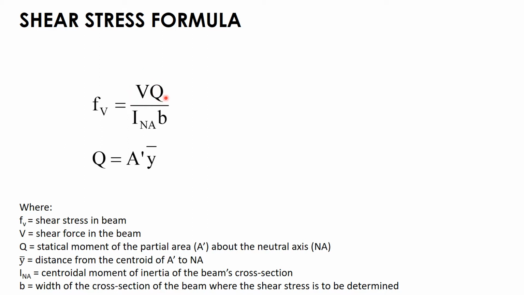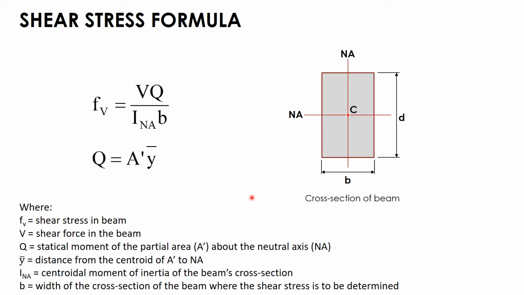Now, Q here, as defined, is the statical moment of the partial area A prime about the neutral axis. So, what do we mean by this? Let us say that this is the cross-section of the beam with its width B and depth D. When we say neutral axis, this is the axis that passes through the centroid of the cross-section.